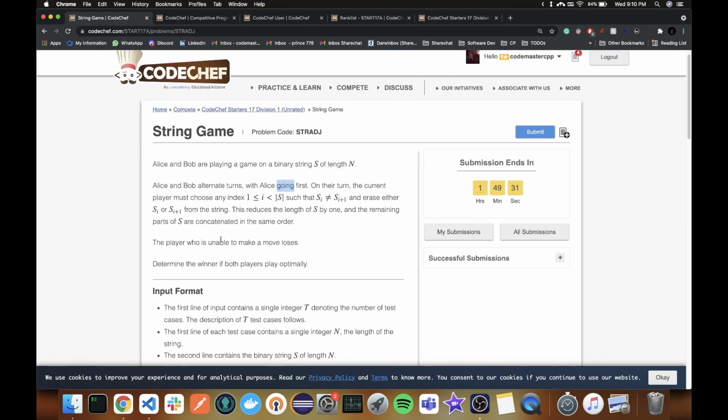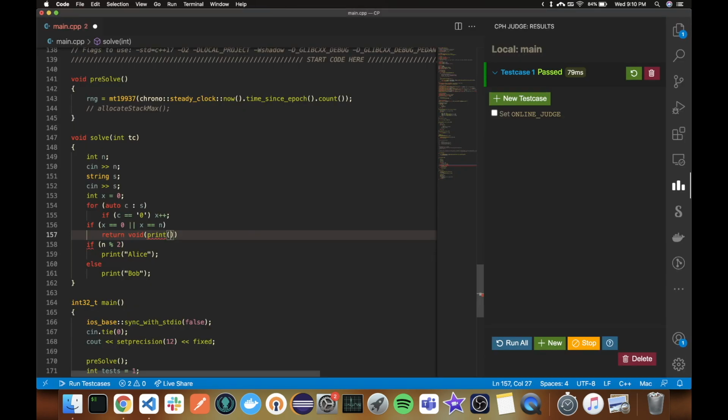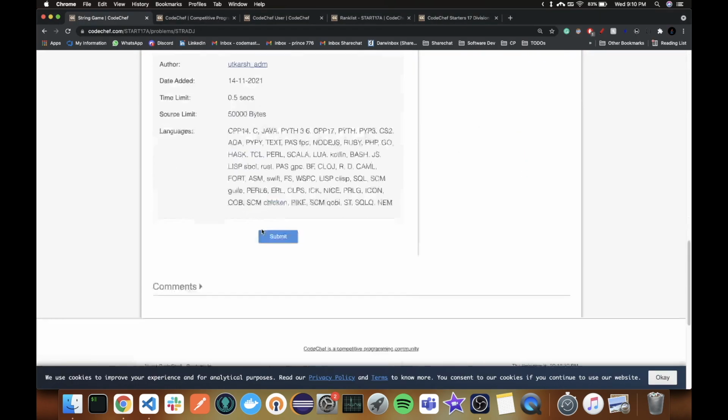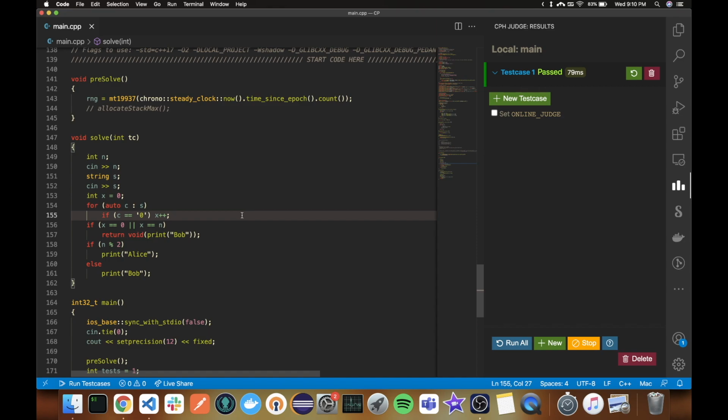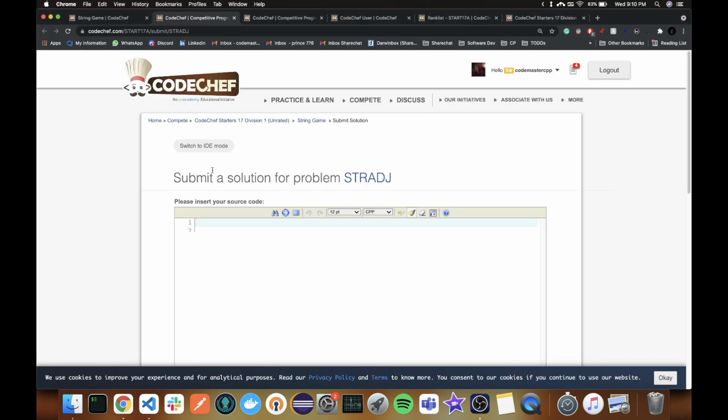Alice going first, so Bob would win in this scenario. This is a scenario I didn't cover. So maybe, because multiple test cases are being checked, if x is 0 or n, then Bob wins.